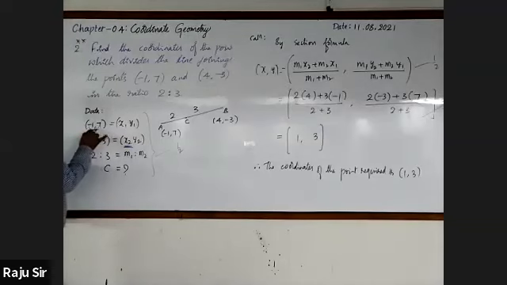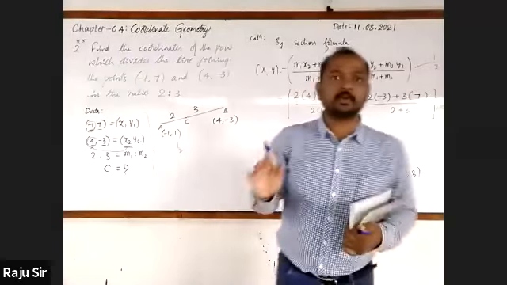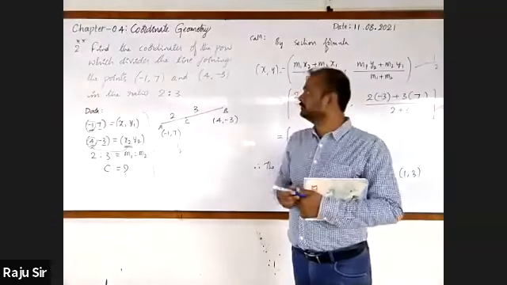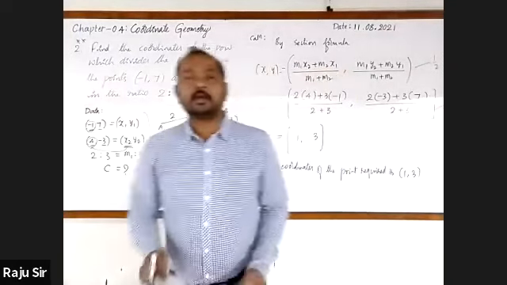This is x1, this is y1, this is x2, this is y2. x2 is 4, so in place of that we must write 4 only. x1 is -1, so in place of x1 we must substitute -1 only. Got it? Have you understood? Yes, sir.